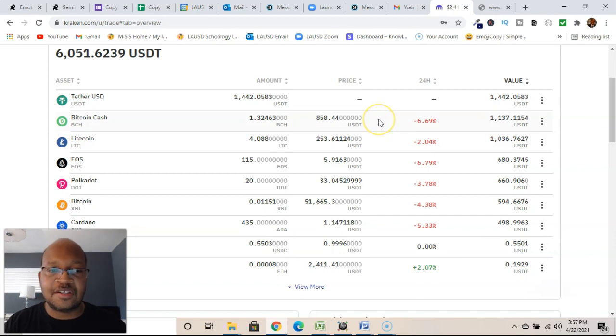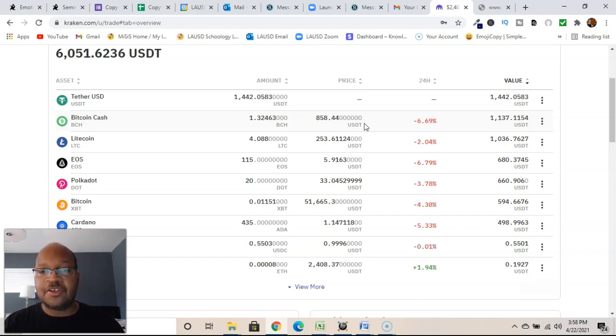So let's just say, to illustrate this example, if Bitcoin Cash was $858.44 and it's down, right? That doesn't necessarily reflect what my profit's going to be, because I may have bought Bitcoin Cash lower than $858. Let's say I got it, I'm just going to throw out a number, let's say I got it at $800, right?